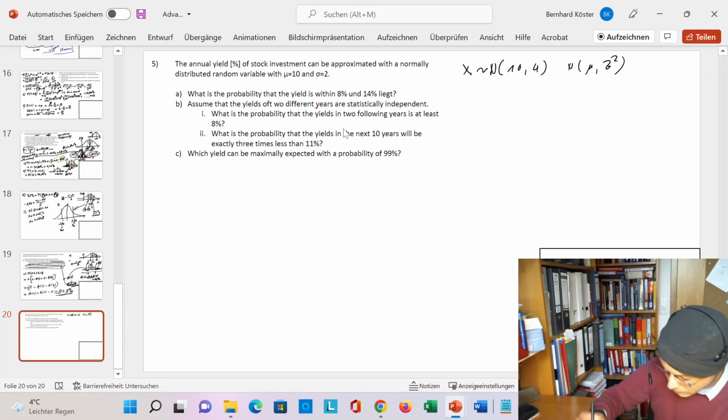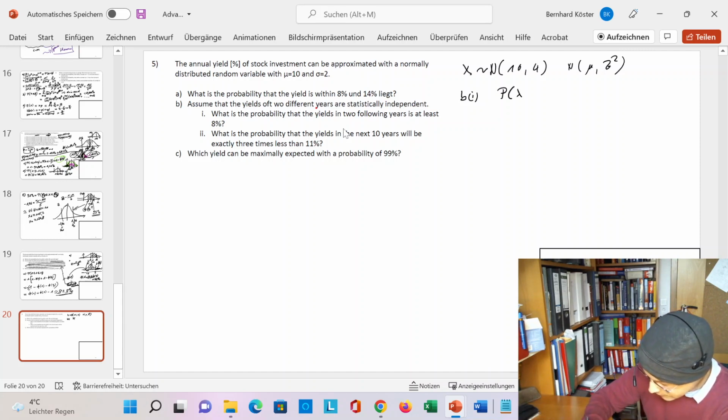And what we want to have is the probability of X is larger than 8 for 2 following years.